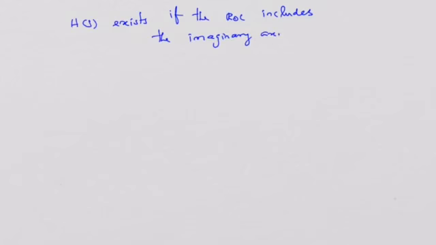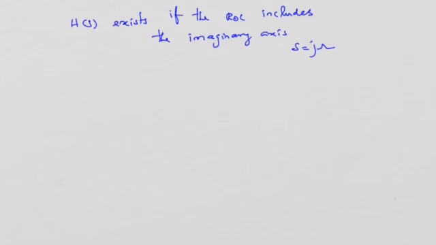if the RoC includes the imaginary axis. What is that imaginary axis? S is equal to j omega.